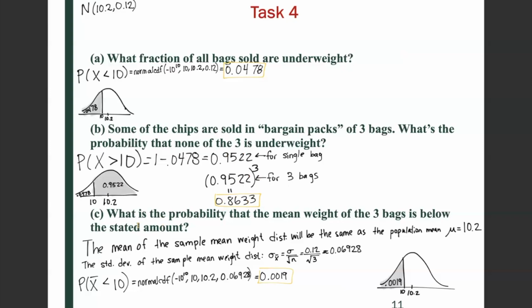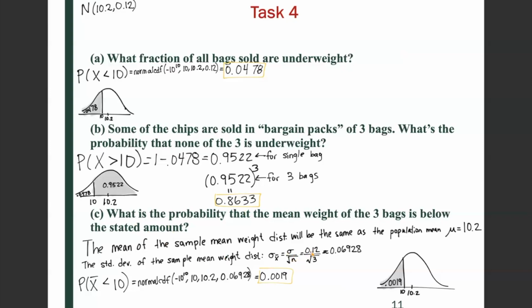All right, and then part C, which is the last part of this task. So what is the probability that the mean weight of 3 bags is below the stated amount? So the mean of the sample mean weight distribution will be the same as the population mean. So that's going to be 10.2. And then like task 3, the standard deviation of the sample mean weight distribution is going to be our standard deviation divided by the square root of our sample size n.